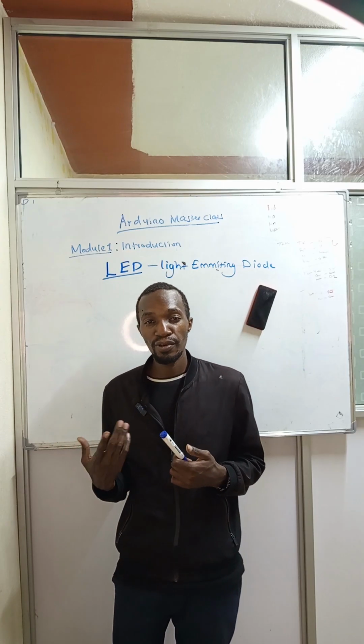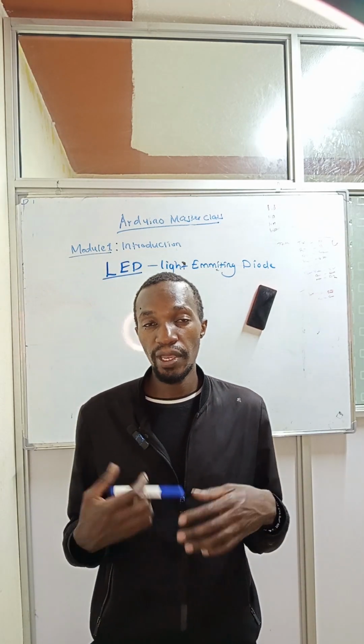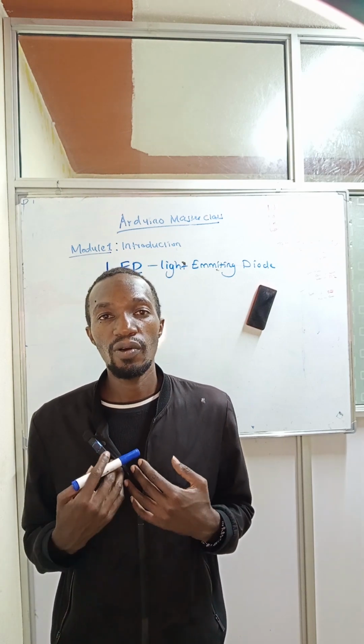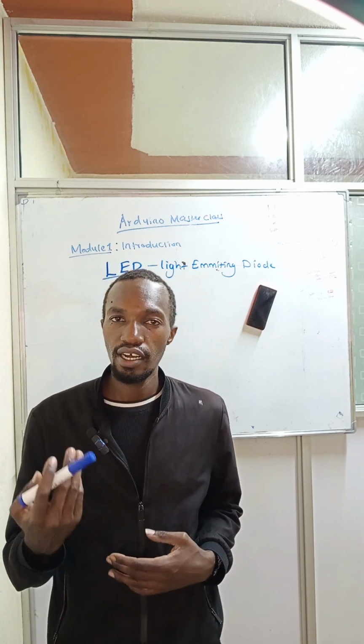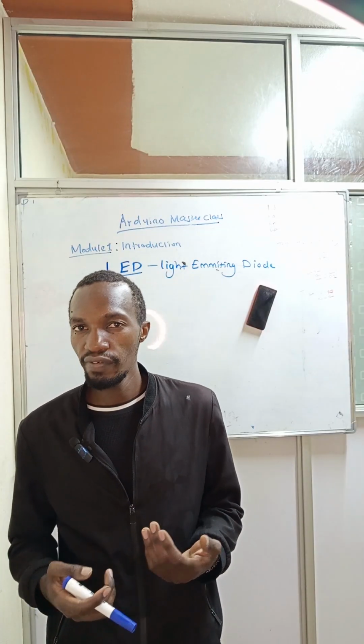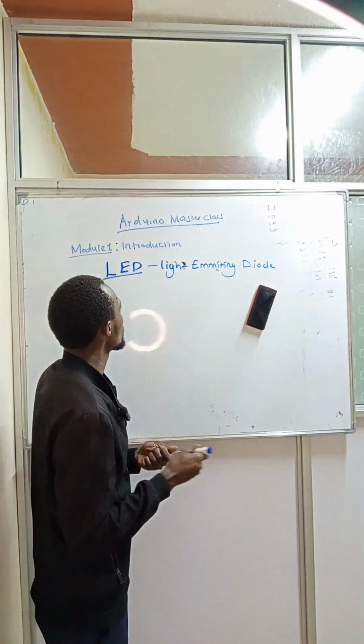But when you come to electronics and embedded systems, ours is called Blink. You turn the LED on for 1 second, wait for 1 second, then off, wait for 1 second, like that. That is what we are going to do.